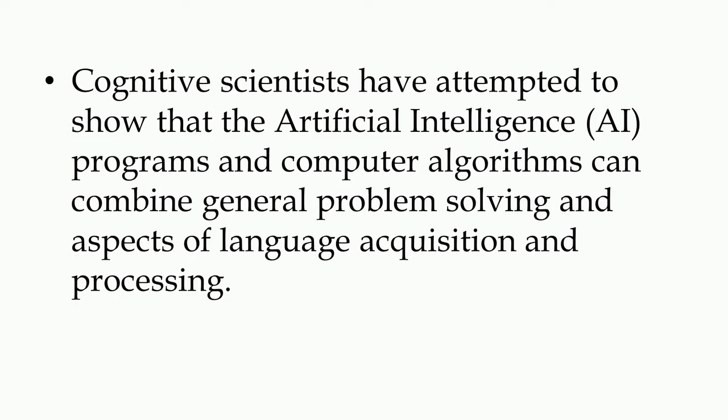At length, cognitive scientists have attempted to show that artificial intelligence programs and computer algorithms can combine general problem solving and aspects of language acquisition and processing together. The whole idea of artificial intelligence has been based on this approach.